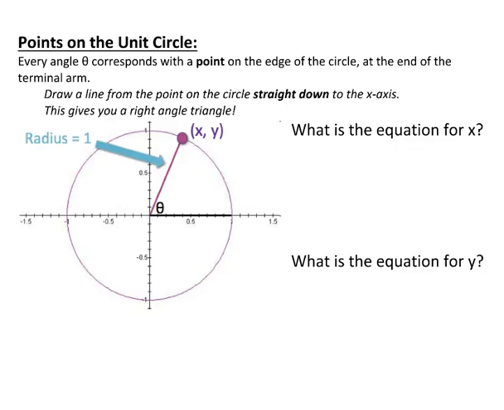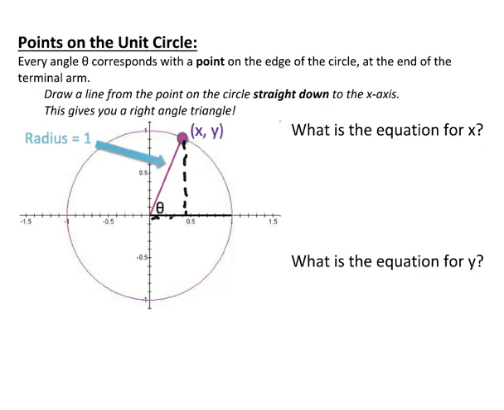All right, let's be a little bit more specific about how we describe the points on our unit circle. So these points all have an x and y value, because they're on an x and y grid here. But is there a way that I can calculate exactly what x is and exactly what y is given some angle theta in here? Well, there actually is. What you can do is go from your point and draw a line straight down to the x-axis.